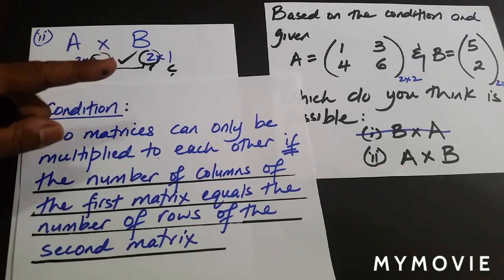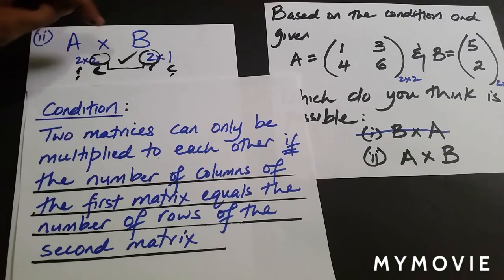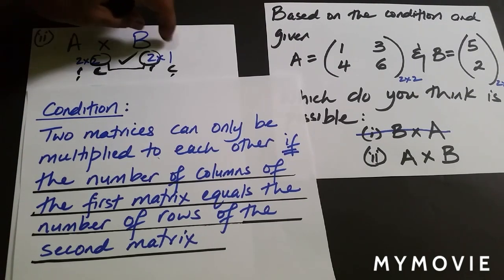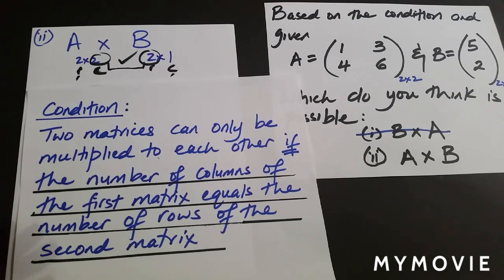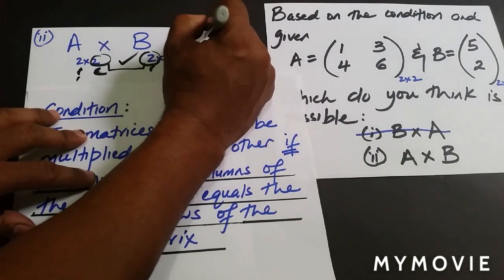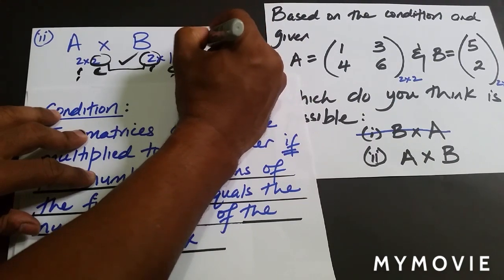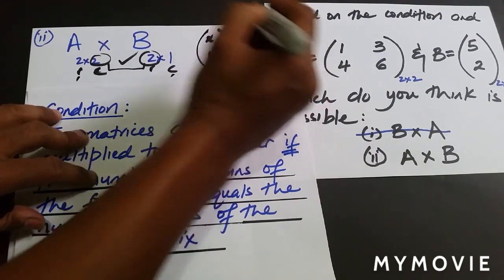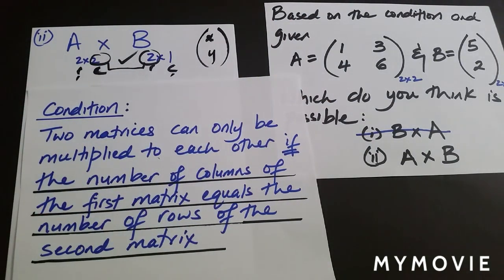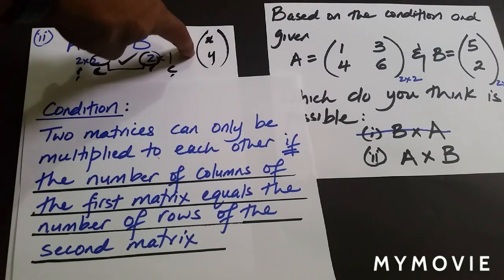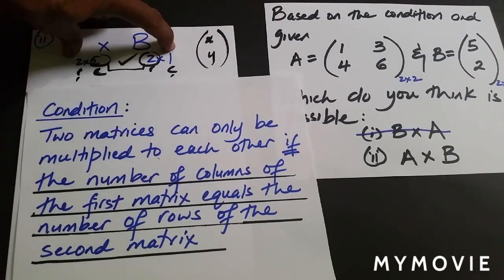I can multiply A times B because the inner numbers are the same, and the outer numbers, this 2 and this 1, tell me I should end up with a 2 by 1 matrix, which looks something like this. So when I multiply A times B, my answer should look like that.